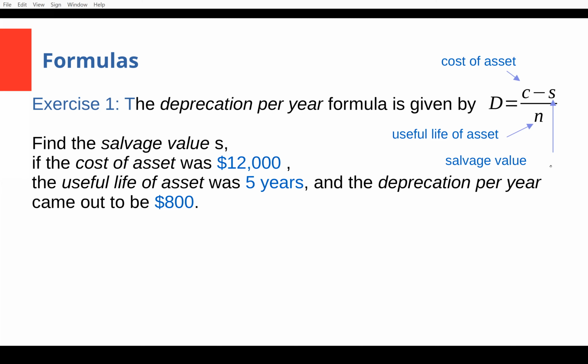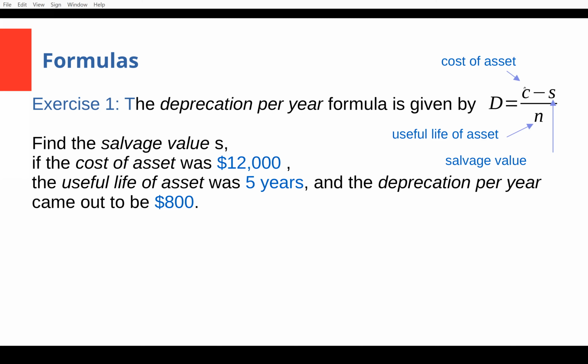Now, what we are asked to do is just plug in some numbers and get the final answer for the letter D in the formula. Oh no, not the letter D. Okay, yeah. When I posted it, they didn't have it for the letter D. So we will be asked to find the salvage value. Let's look at this question here.